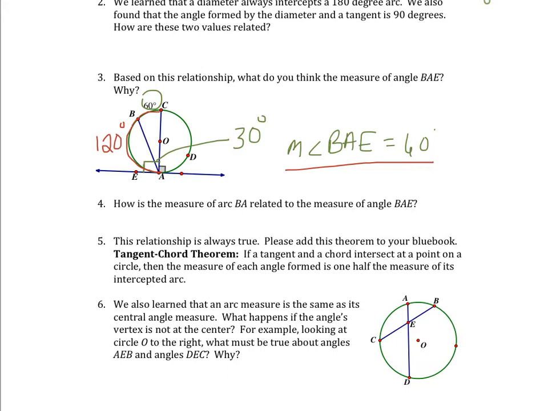So we have a new theorem that if you have any chord now, not just a diameter or a radius, any chord touching a tangent line at the point of tangency, then the angle made between the two is going to be half of that intercepted arc, that arc that goes with the chord. This is very similar to our inscribed angle theorem as well, so it all kind of fits and goes together.